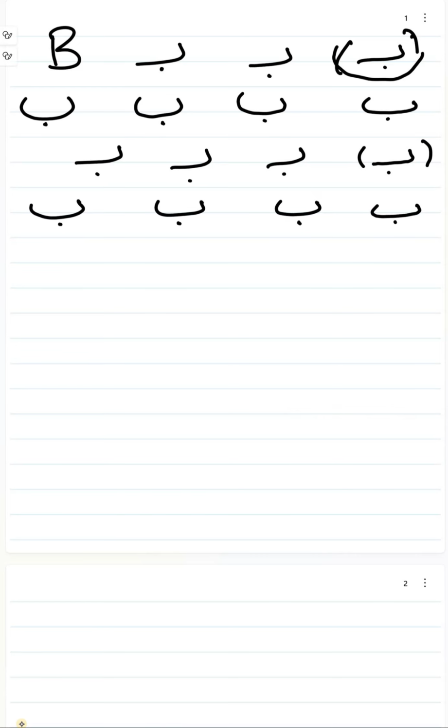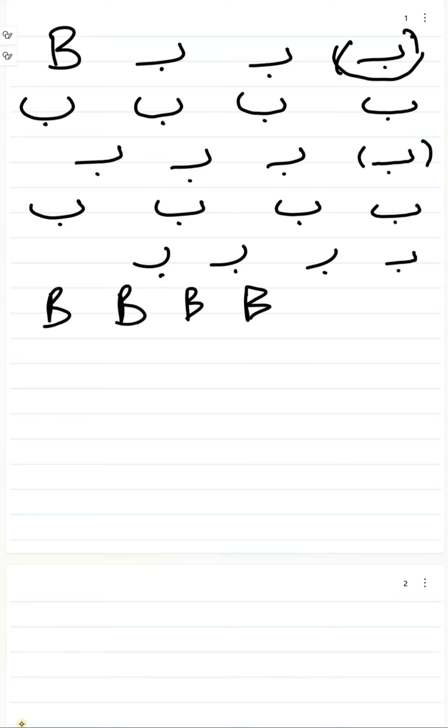Okay, now remember one thing. This is my handwriting. You might see it somewhere else like this, or like this. These are all B. Just like in English, you might write your B like this, I write mine like this, somebody else will do this, somebody else might do this. These are all B, okay? And these are all B in Kurdish, right?